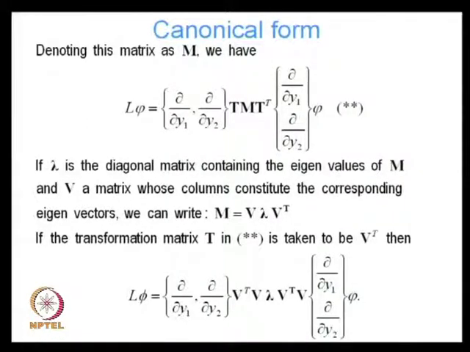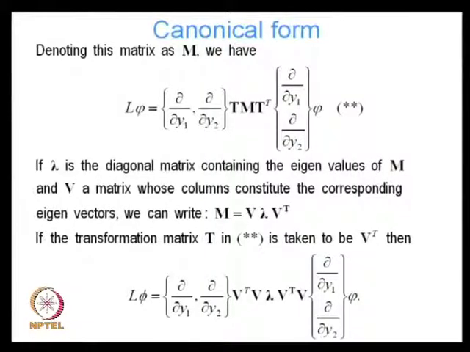Where V is a matrix whose columns are the eigenvectors of M, and lambda is a diagonal matrix whose diagonal elements are the corresponding eigenvalues, right? So this is a similarity transformation applied to symmetric matrices, so V transpose instead of V inverse, right? So M is equal to V lambda V transpose, right?